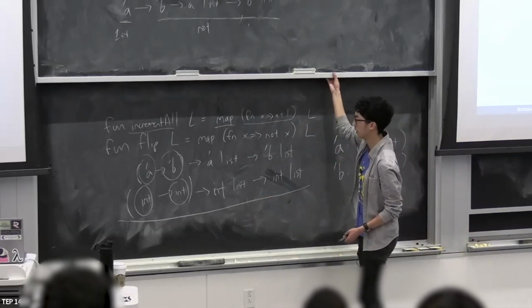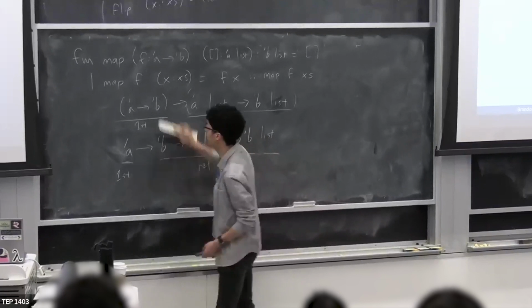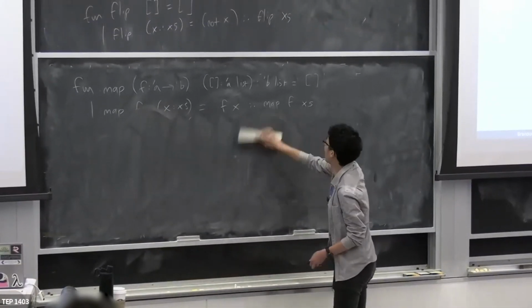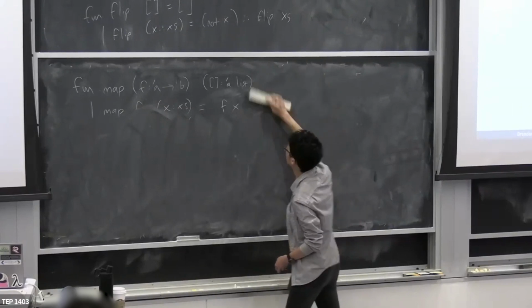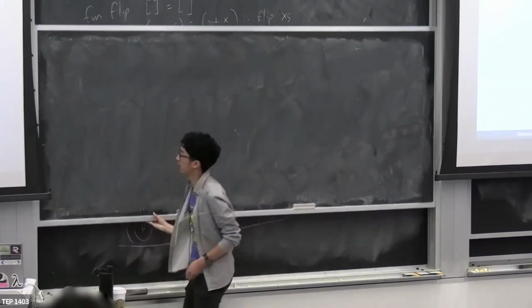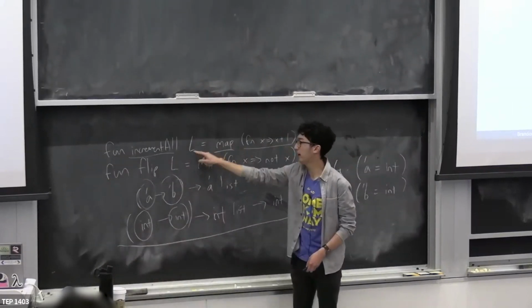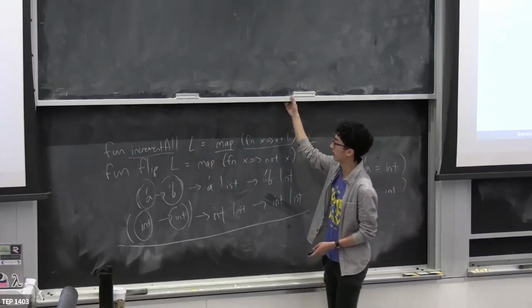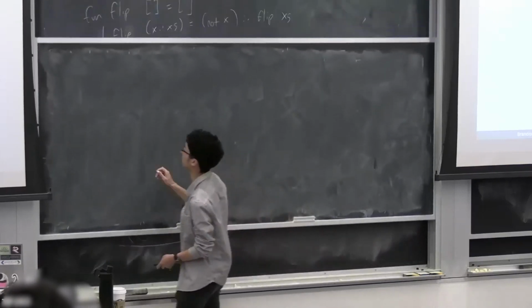Okay, let's see why. So I'm going to have to reuse some board space here. Increment all and map. The thing about map is that map returns to us a function. So why should I have to write out this declaration of increment all where I take in the L explicitly and I give it to this? Why couldn't I write something like this? And sorry, I'm going to keep going. I'm going to cover that up.